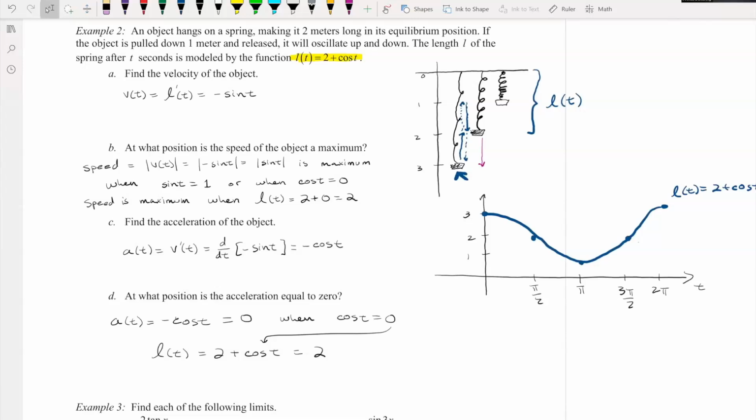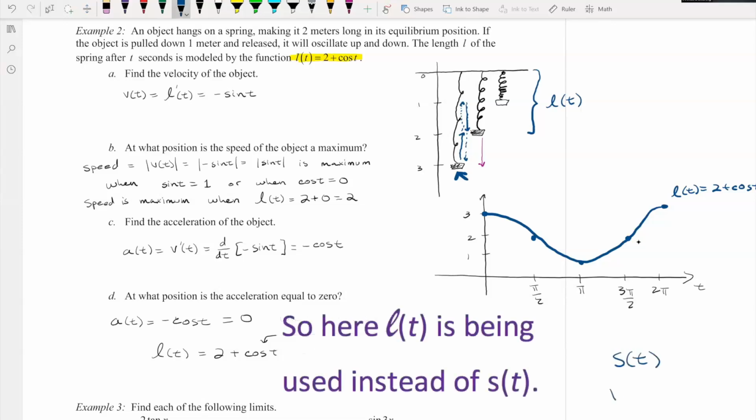Does anybody want to ask about it before we look at the last example for this section? Yeah, how did you get the velocity of the object? So the velocity is always going to be the derivative, the rate of change in the position function. Remember we did it with s of t, and we saw that v of t was equal to the derivative of s of t. Remember that from 2.7 or 2.8?